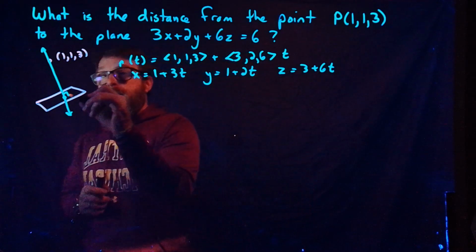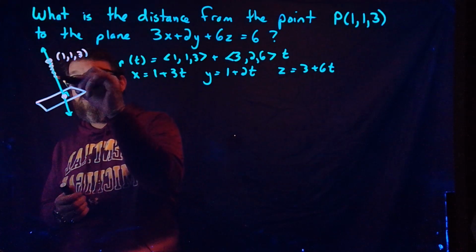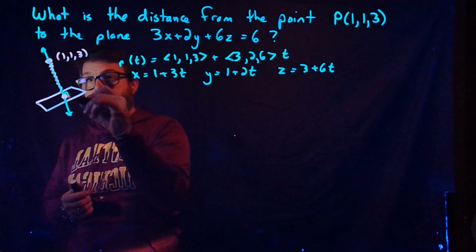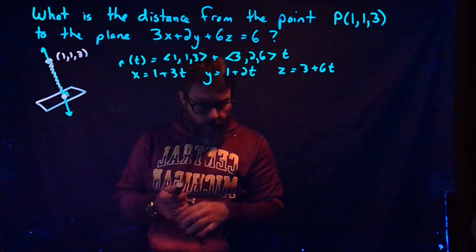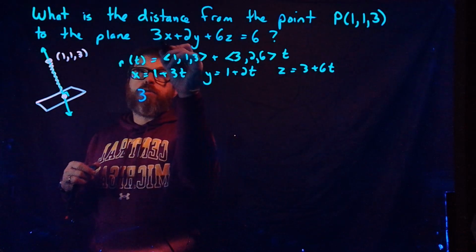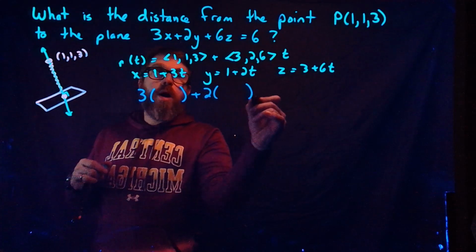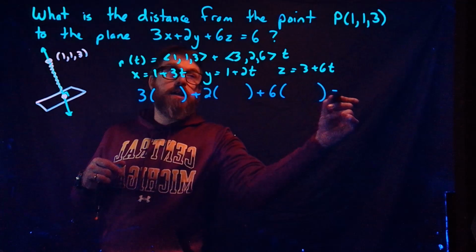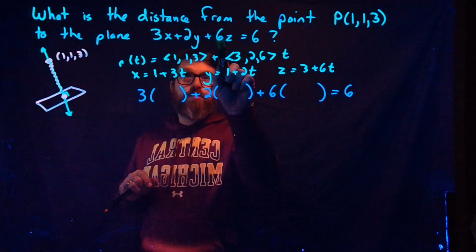Now, I really need to find this point right here because my goal is to find the distance between these two points. So I need to find the intersection point between this line and this plane. The way we do that is I'm going to write the plane, which is 3x plus 2y plus 6z is equal to 6, and I need the intersection between this plane and this line.